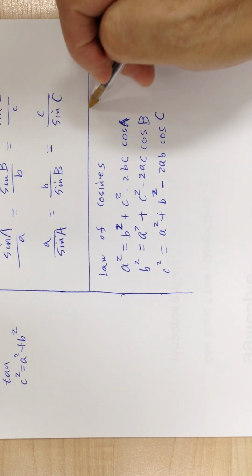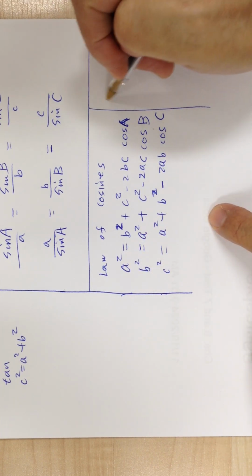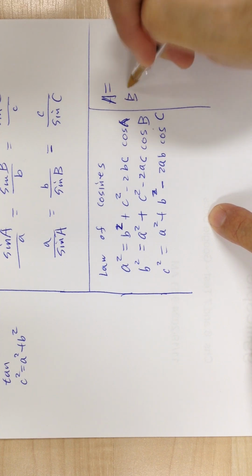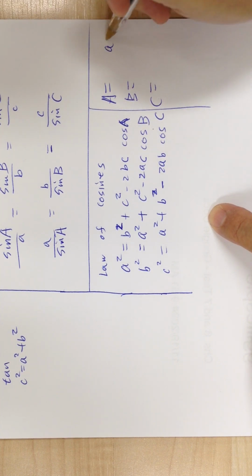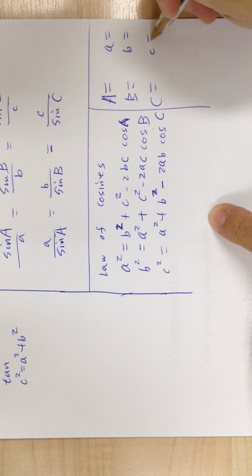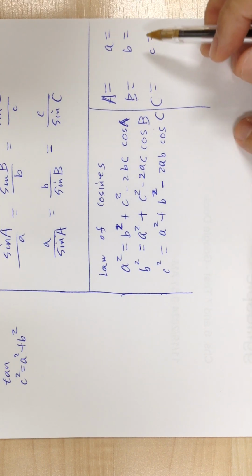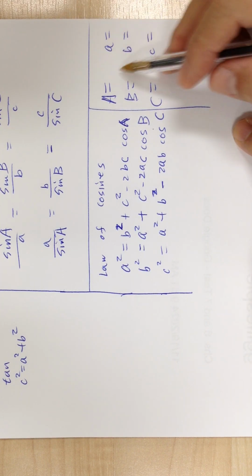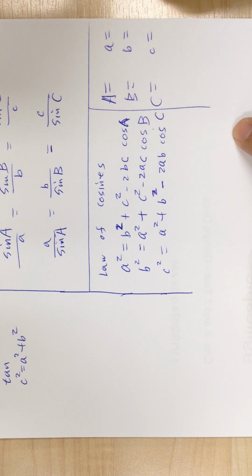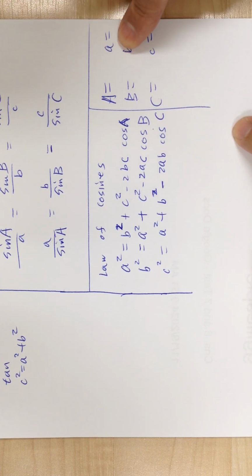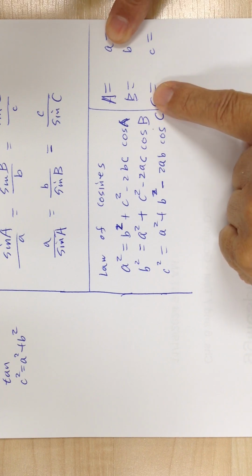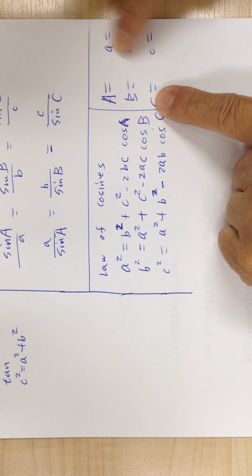So again, when do you use law of cosine? Whenever the three letters are all different. So for example, if you know A, B, and C, right? If you know these two and these three, again, three letters are all different.